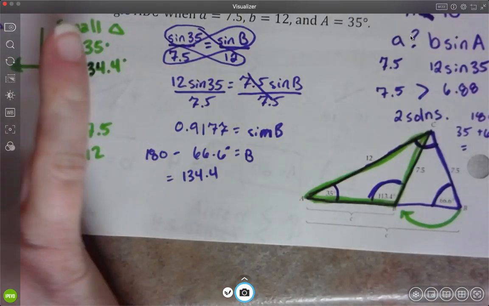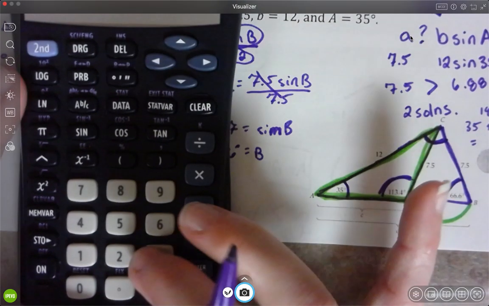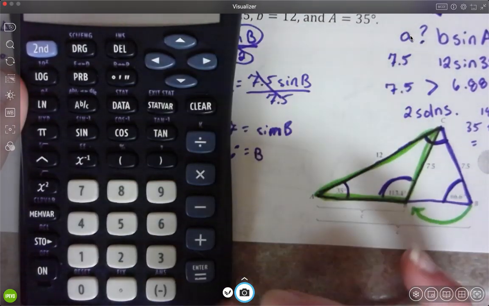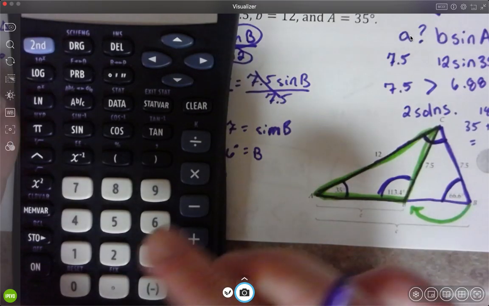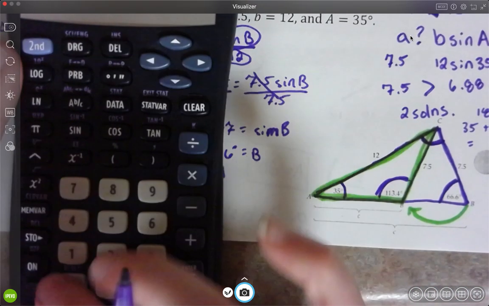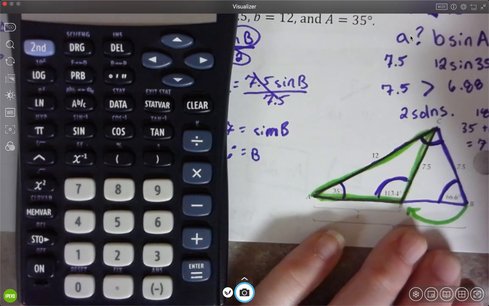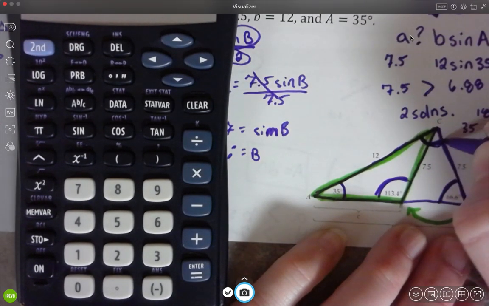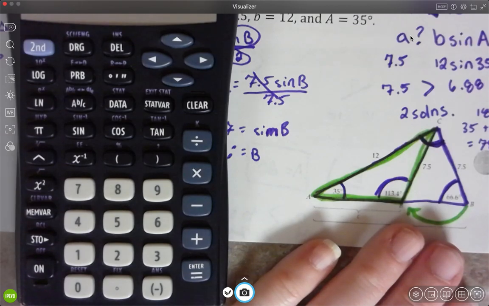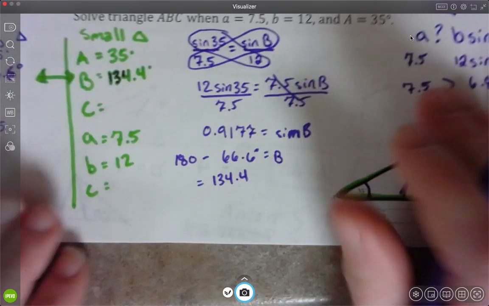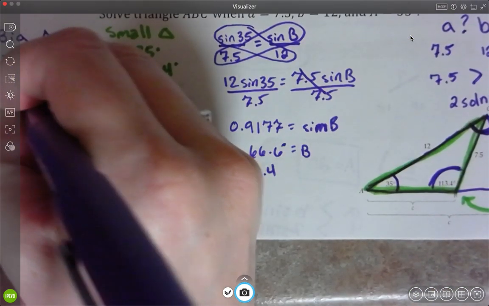That's going to give us 78.4 degrees for this guy up top here. So that's my purple one, 78.4 degrees.